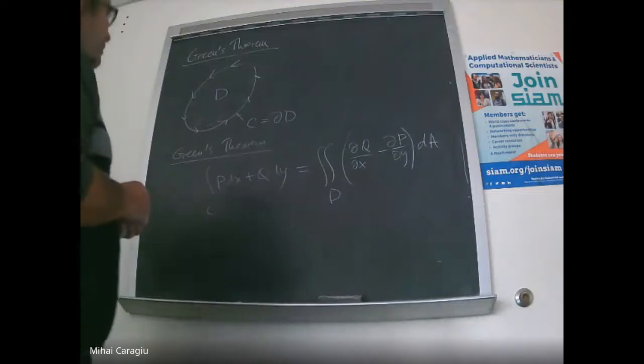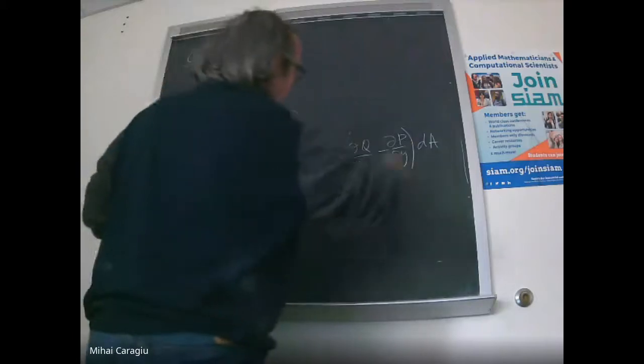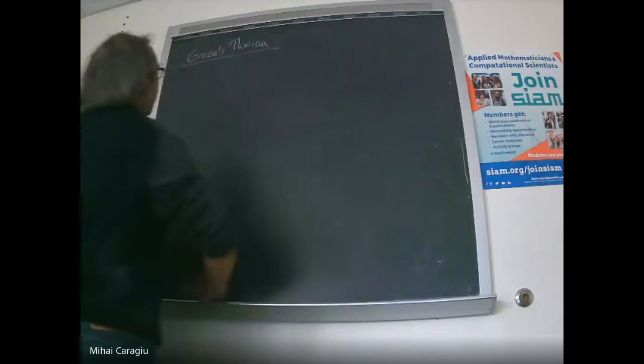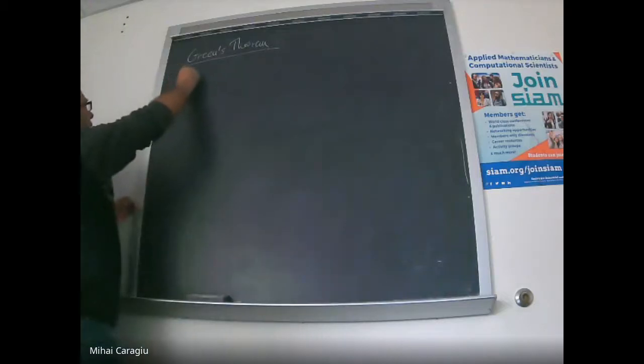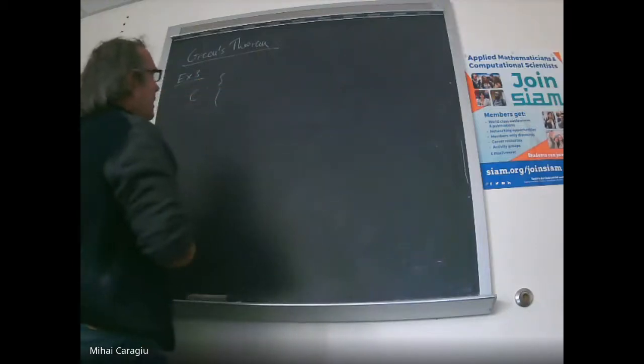Okay, so let's do an easy application of Green's theorem. Okay, so let's see. Exercise 3. Let's consider curve C, which will be the unit circle counterclockwise.